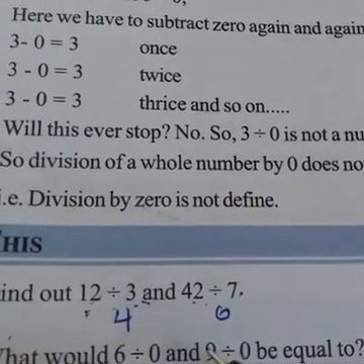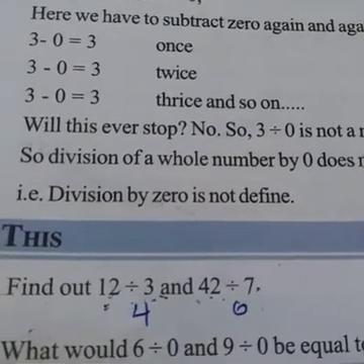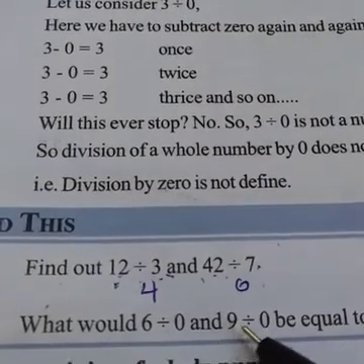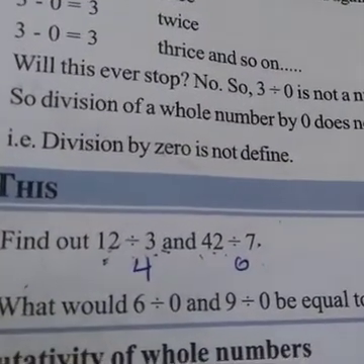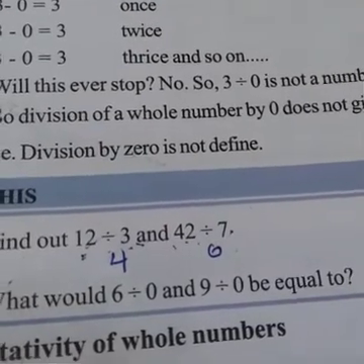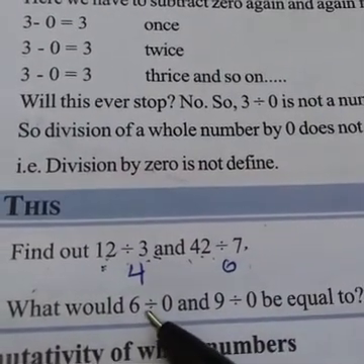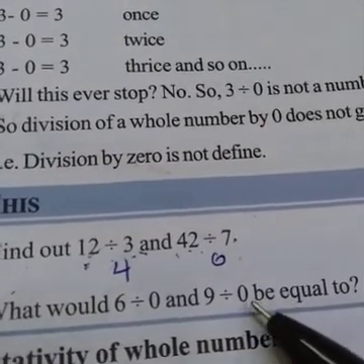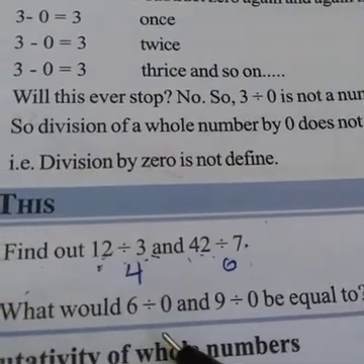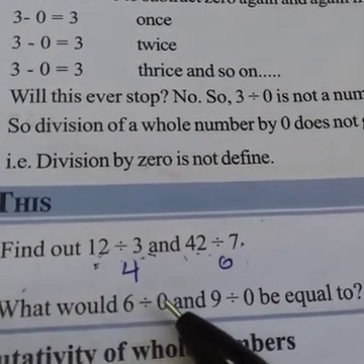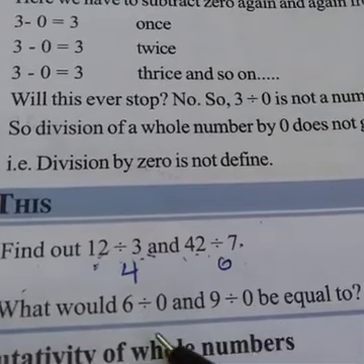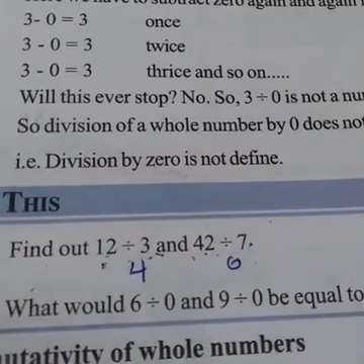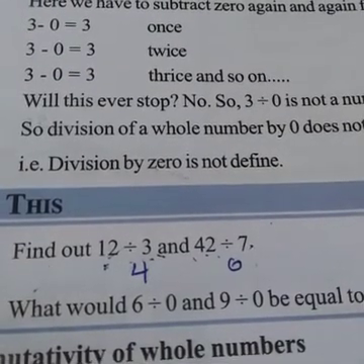Next, what would 6 divided by 0 and 9 divided by 0 be equal to? 6 divided by 0 is not defined and 9 divided by 0 also is not defined. Both divisions are not defined. Write all this in your notebook.